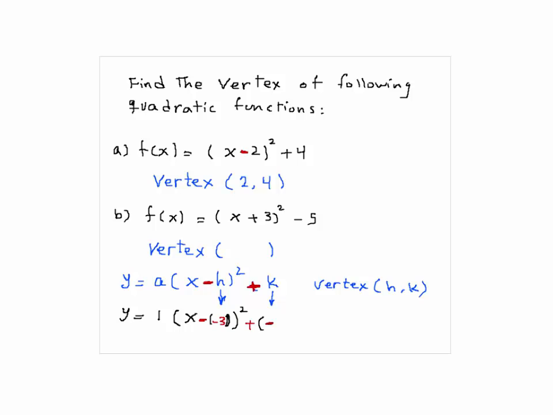Martha, do you see what we're doing here? Do you see why? Because this is h, right? So your h is -3, and your k is -5. Do you see that, Martha? Yeah. But why is this -3?